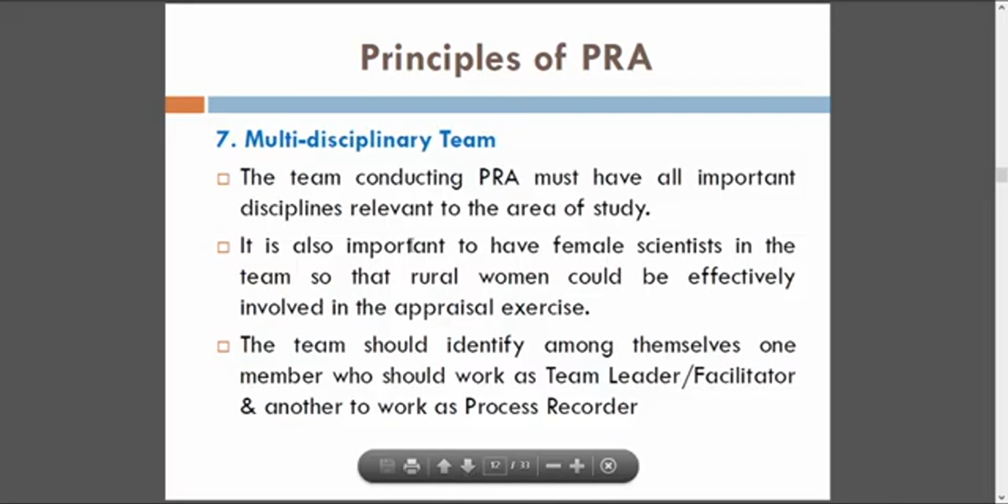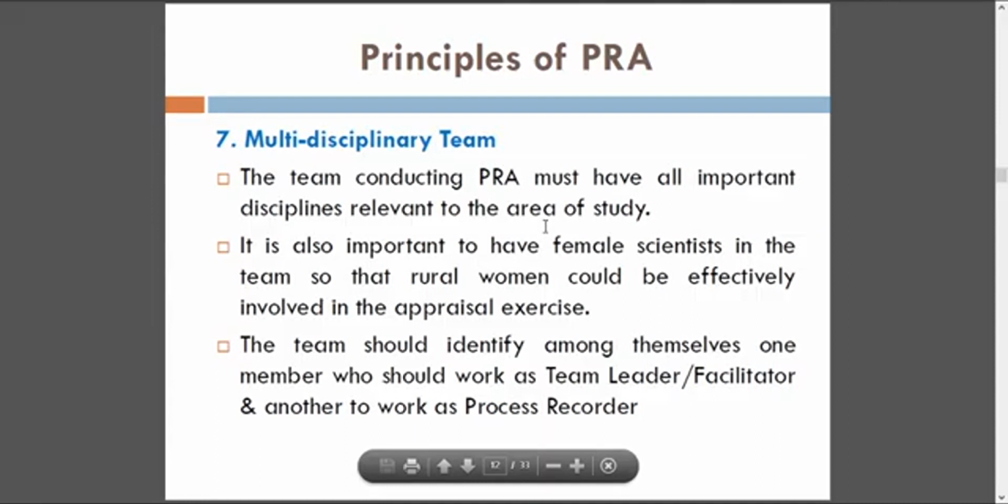As a principle of participatory appraisal, you're supposed to use a diverse team. Remember, not everyone is a specialist in everything. We have people who are specialists in gender, in agronomy, and in soil science. So depending on the purpose of the project, put together a team of experts from all the required areas.